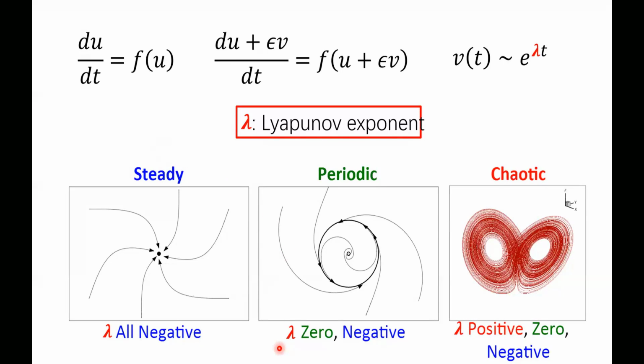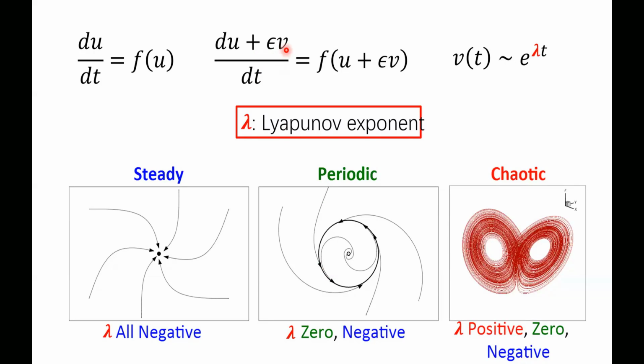When all the Lyapunov exponents are negative except for one zero Lyapunov exponent, that corresponds to a periodic solution. That's like periodic vortex shedding over a bluff body at low Reynolds numbers. The periodic solution has one zero Lyapunov exponent because there is one particular type of perturbation, a perturbation in the time evolution direction.